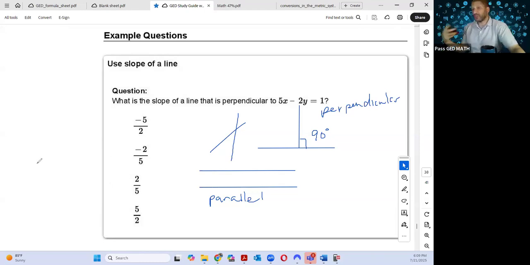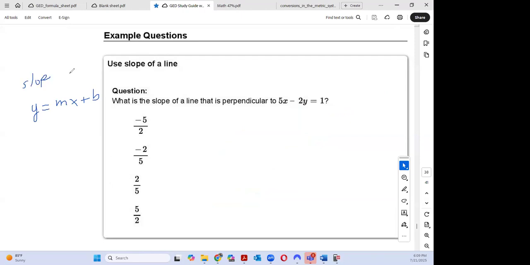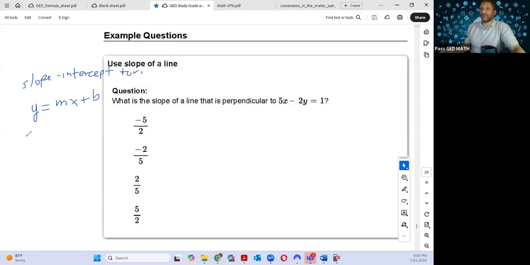Okay. So once you know that, there are two things we have to know. First of all, when we talk about linear equations, the two forms you have to be familiar with are slope-intercept form and standard form. They also have another one on your formula sheet, but these are the two most important.